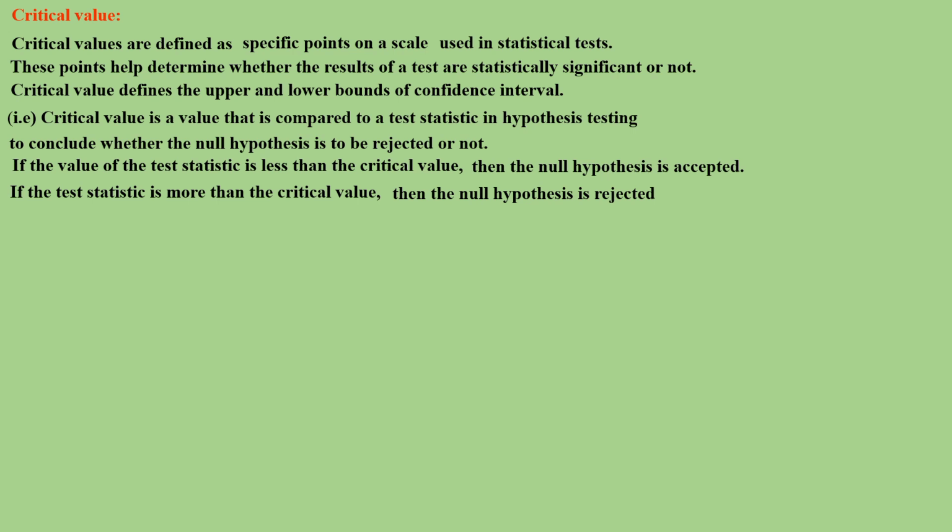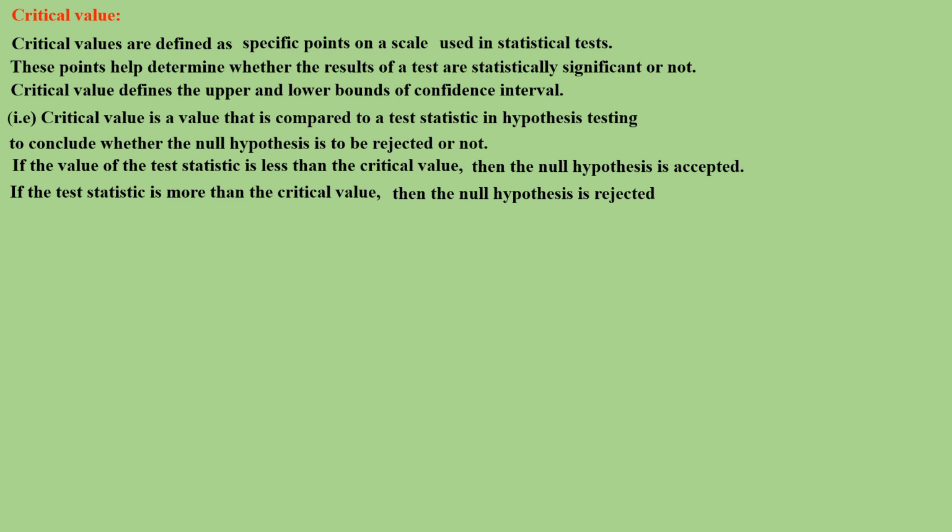Similarly on this side also, if it is less than the negative value, you have to reject. So simply, we have the calculated value and the tabulated value. All critical values are based on the confidence level, 5%, 1%, 2%, 10%. There is a standard table, and we have to compare against it. If the calculated value is less than the tabulated value, you accept the null hypothesis.